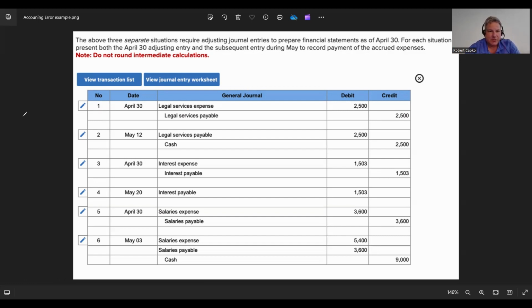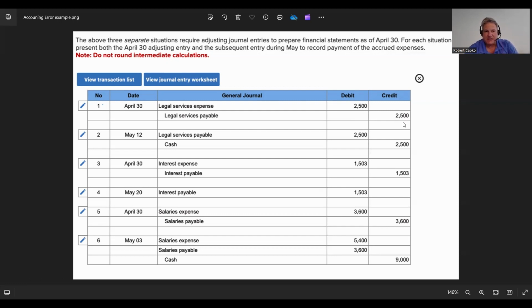So I'm going to annotate this, and we're looking at entry 1 here, legal services expenses. You can see here that there's a debit of $2,500 for the expense, and you do debit expenses in general. And legal services payable is $2,500. So the debits and credits equal there.